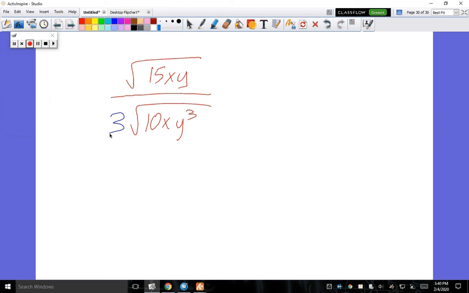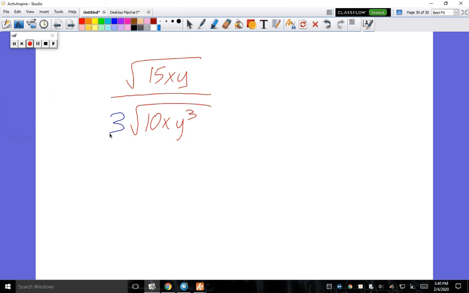What do you know for sure that we have to do to simplify this? We have to rationalize the denominator. Okay, get rid of that denominator. Now here's your choice. You can multiply right now by a form of 1, or you can try to simplify what you see right now first, and then rationalize the leftover piece. Which one is easier?